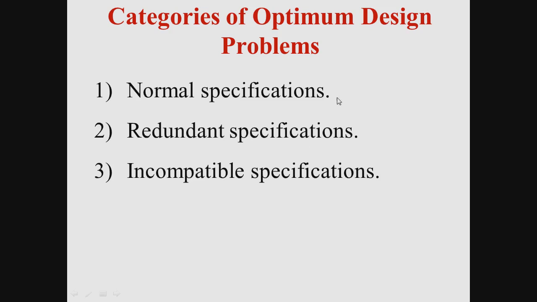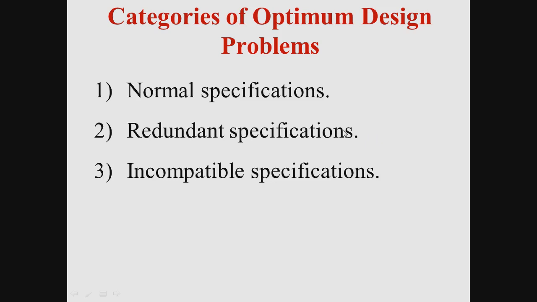Numerical problems normally come on normal specifications, and theory questions come on redundant specifications. So prepare for theory questions on this, and a question may also come on the difference between normal specification and redundant specification optimum design problems.